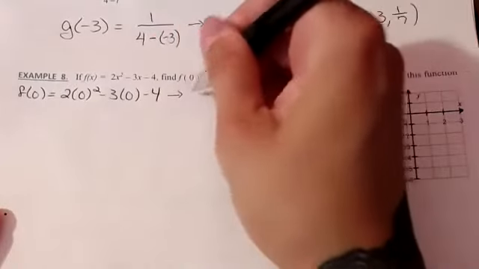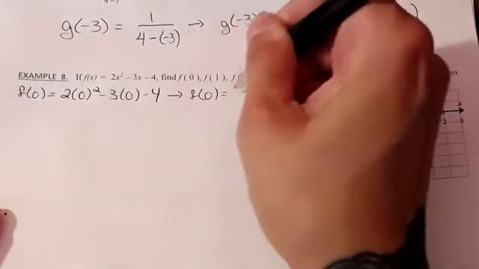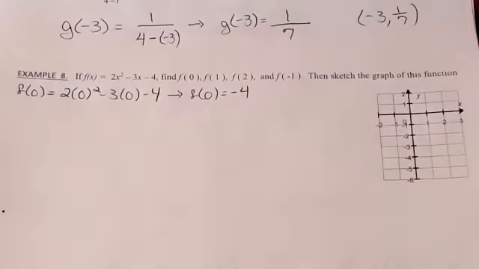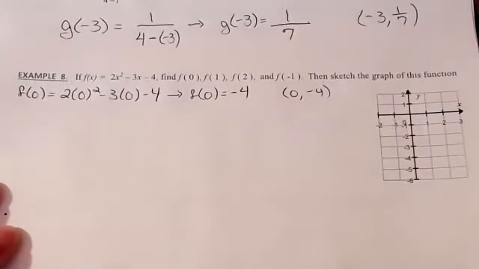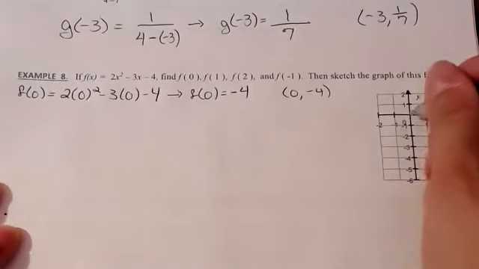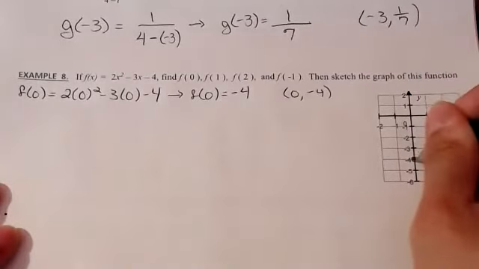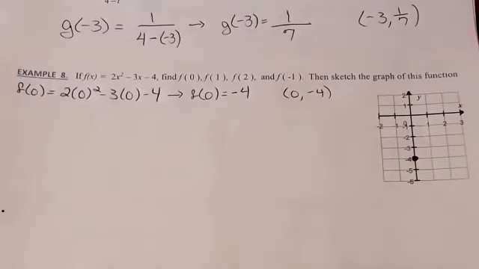So what this says is that f of 0 is equal to -4. If you do the math, you get -4. So our first point is going to be (0, -4). Let's go ahead and plot that point. 0, -4, x, then y. Here we are on our graph.